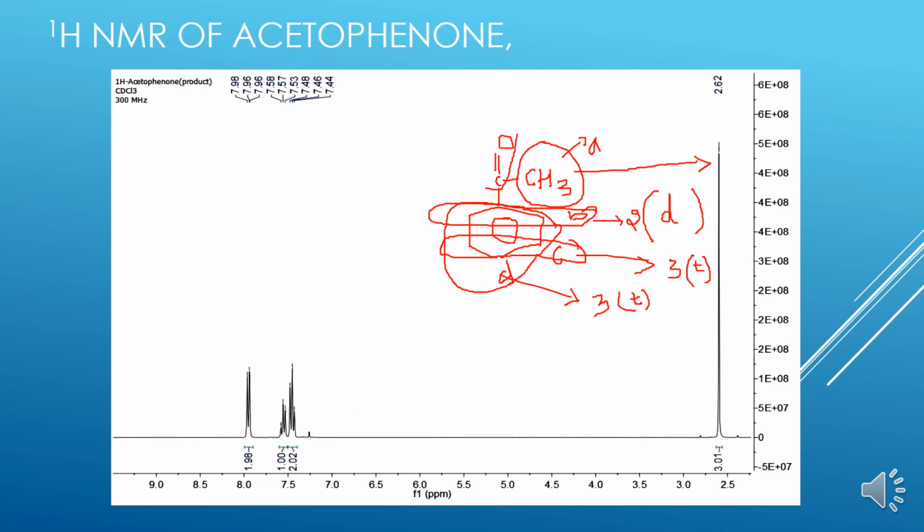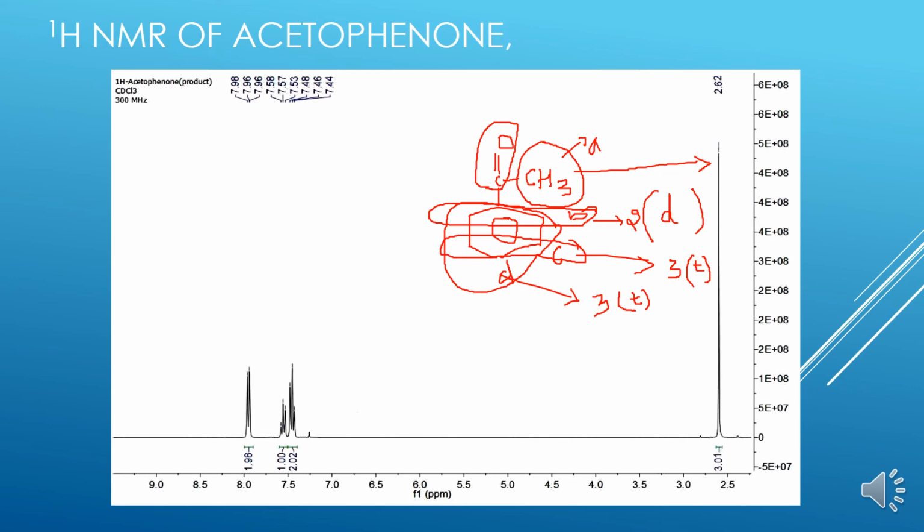In this molecule, oxygen is there, the carbonyl carbon, oxygen is there. Its proximity to the aromatic ring as well as the carbonyl group de-shields the hydrogens on the adjacent carbons because of the electropositive carbon.